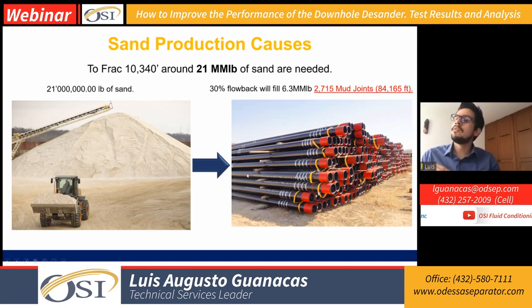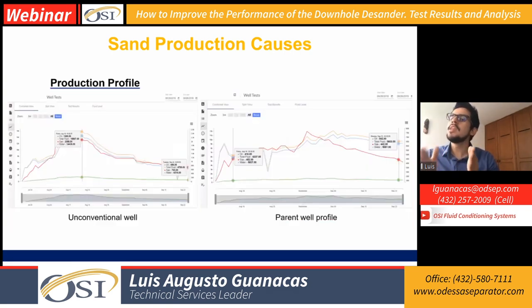This is a total length of 85,165 feet of tubing. If we think about it for a moment, normally we use 10,000 feet of tubing in a well.